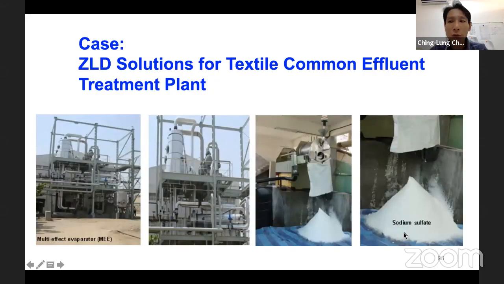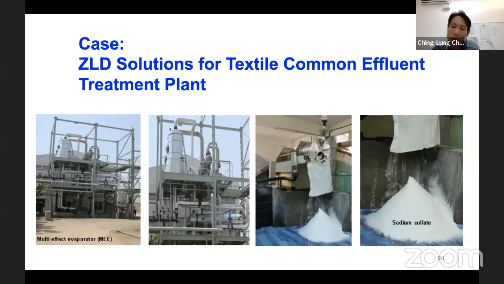This is one of the cases where people try to recover the wastewater. They use a multi-effect evaporator, a device connected to the wastewater treatment process. As you can see from this picture, they try to recover the sodium sulfate from the wastewater.